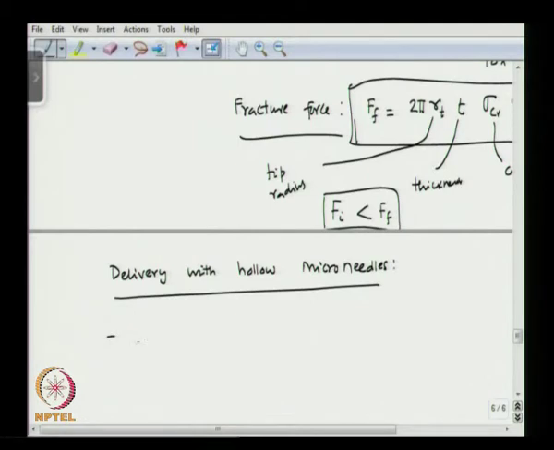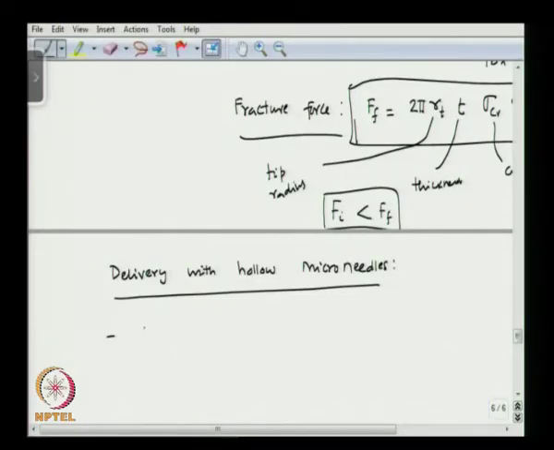One of our goals while designing microneedles from the perspective of flow is that the pressure drop has to be as small as possible, okay. And for that the inner bore of the microneedle has to be as large as possible to reduce back pressure, okay.